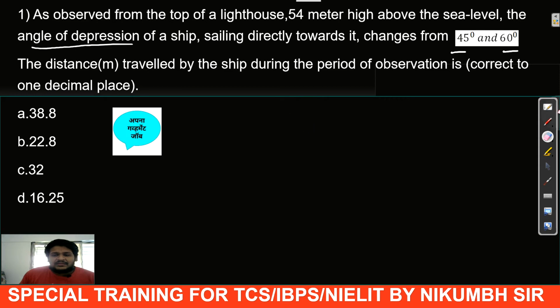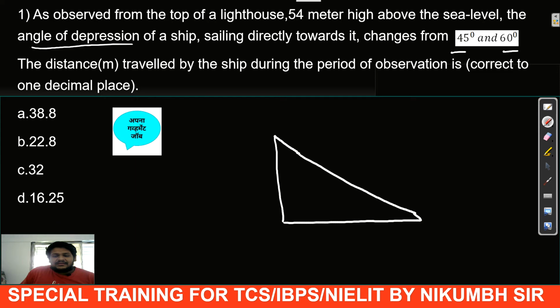Remember it like this only. Suppose this is my lighthouse, you are standing here and looking downside. Earlier the ship was at 45 degree, because it changes from 45 degree to 60 degree, and then it changes to 60 degree, like this. I am drawing this line because you are watching.